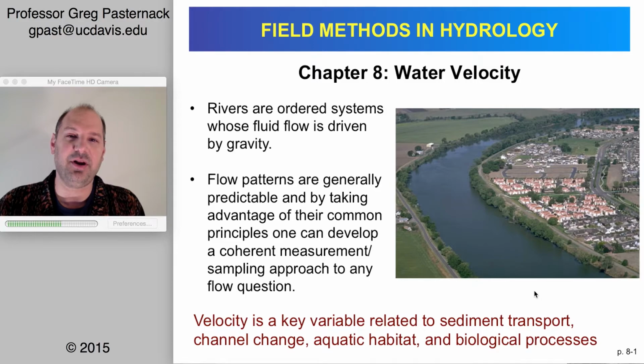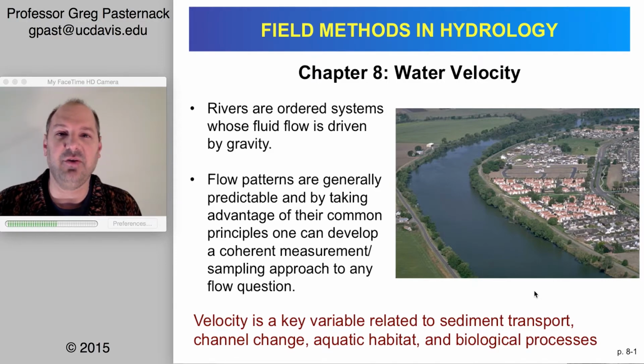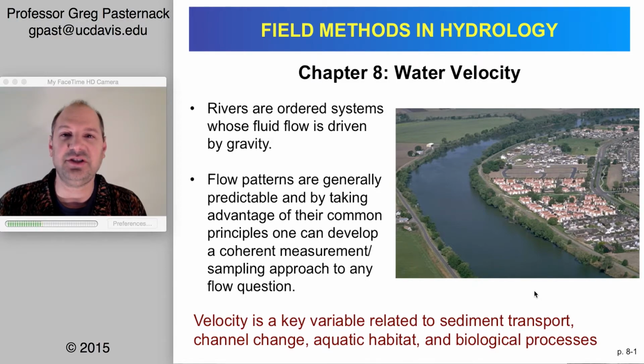But it's very important because velocity governs sediment transport, which in turn plays a large role in scour and deposition to change channel forms. Organisms also use velocity as an indicator of where they're going to do their different functions at different life stages. So it plays an essential role in both the physical and biological aspects of a river, and therefore it's really something that we have to be able to measure.